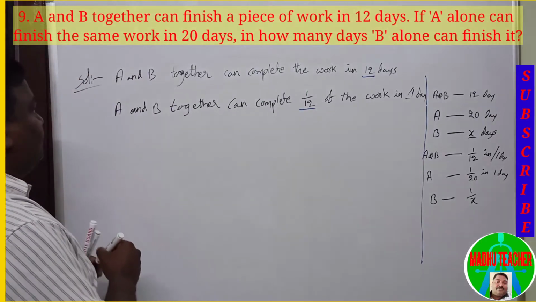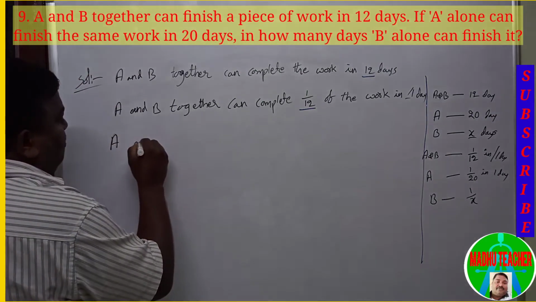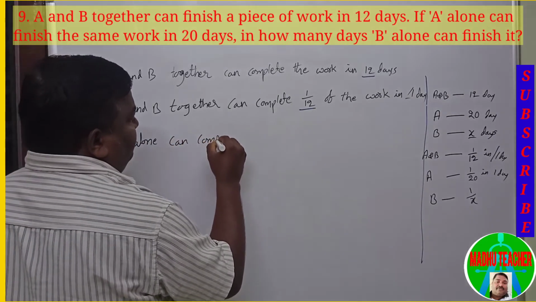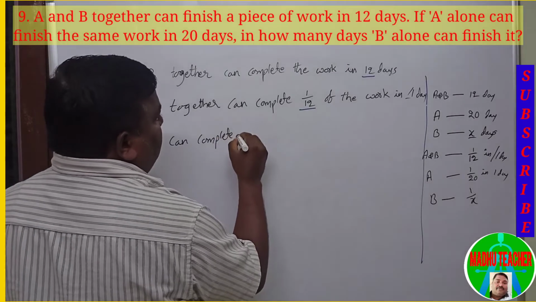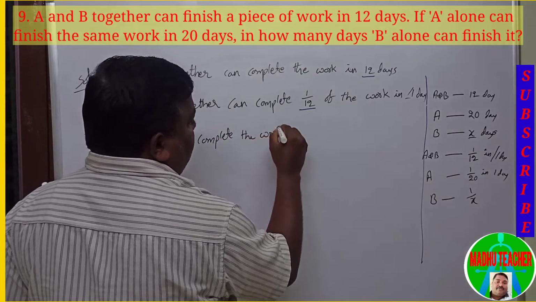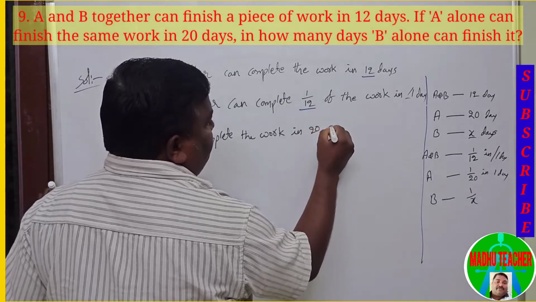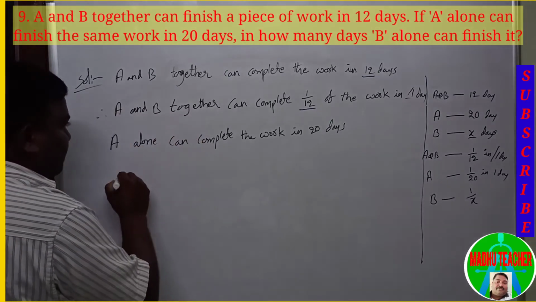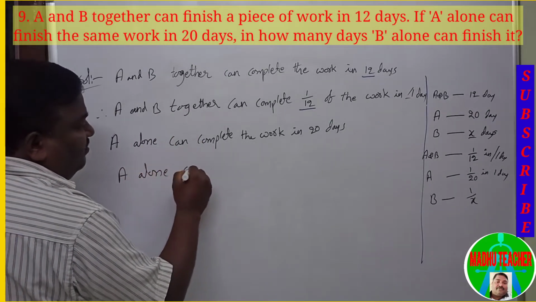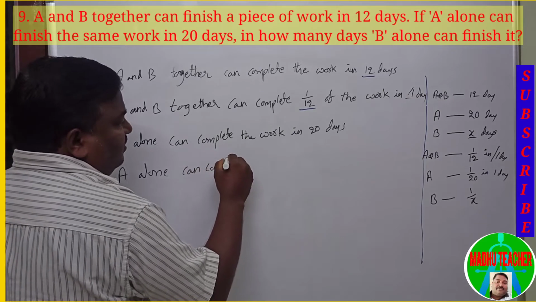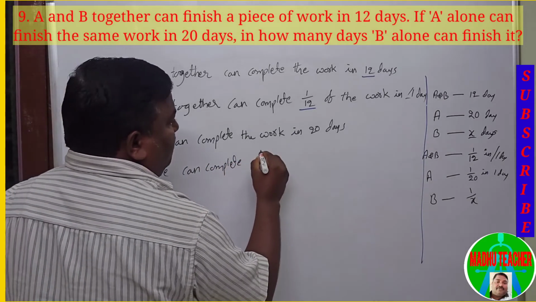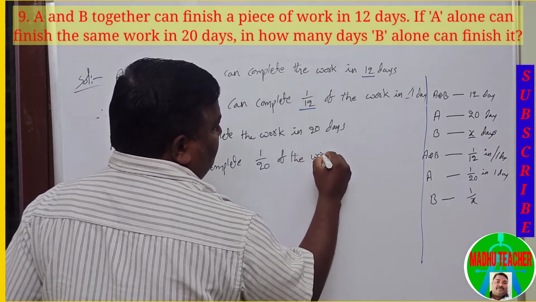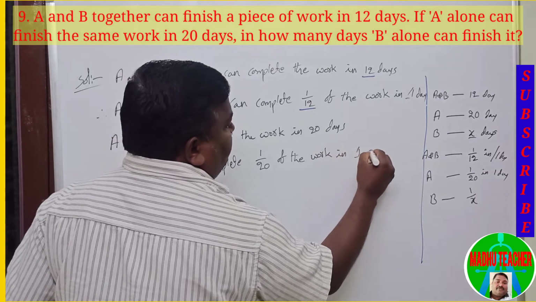Okay, so here next, A alone can complete the work in 20 days. Therefore, in the same way, A alone can complete 1/20 of the work in 1 day.